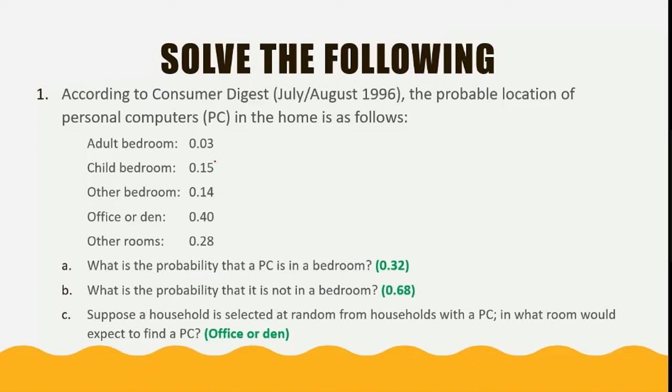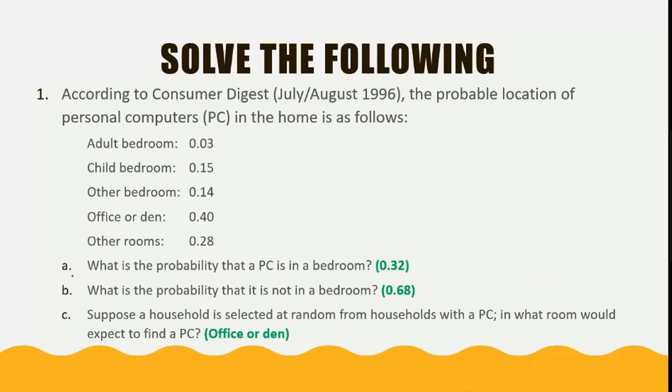A personal computer has 0.3 probability that it's in the adult bedroom, 0.15 in the child bedroom, 0.14 in other bedrooms, probably the guest bedroom or others, 0.40 in an office or a den, a separate room, and 0.28 probability that it's in other rooms, probably the dining room or the living room. Okay, so that's the probability.